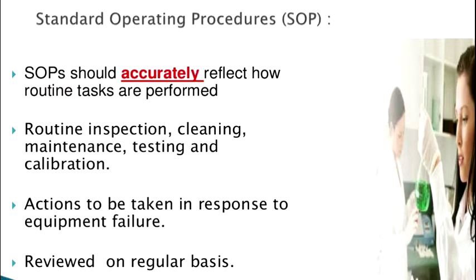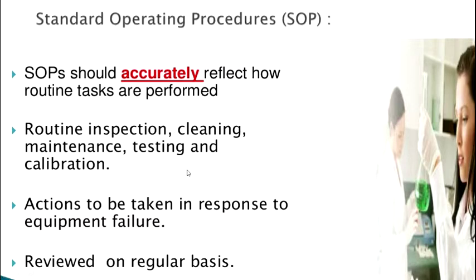It should not be an elaborate procedure. It should be a one line sentence which is telling you what has to be done. And routine inspection, cleaning, and all these SOPs have to be maintained. And the actions taken with respect to equipment failure, that is, you called somebody to service and how it is maintained, all that should be documented.